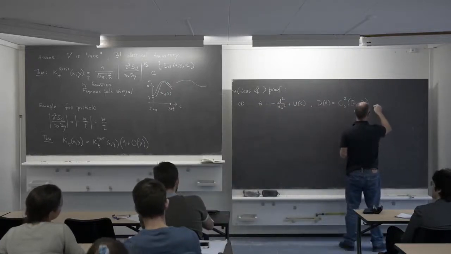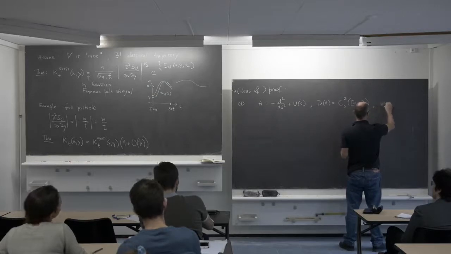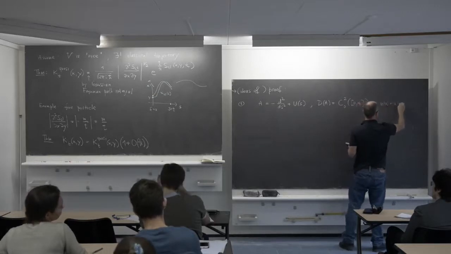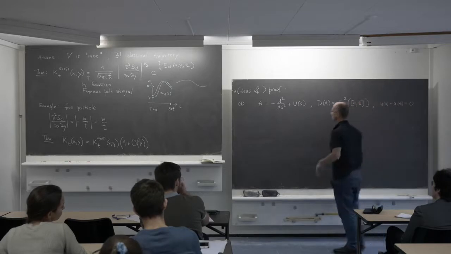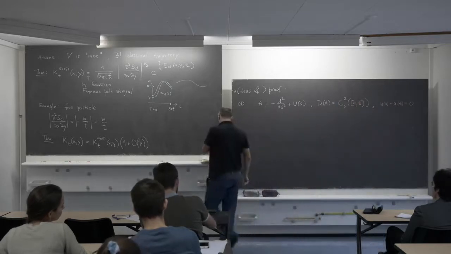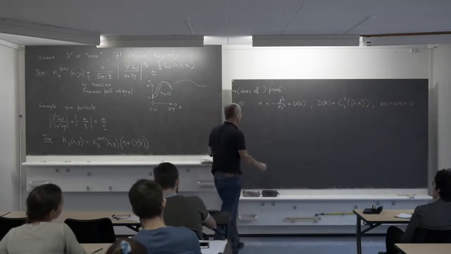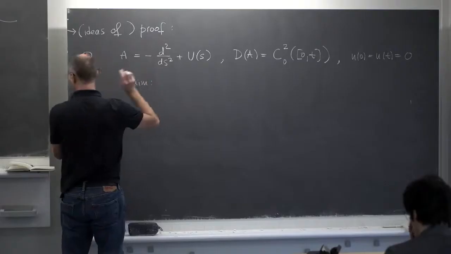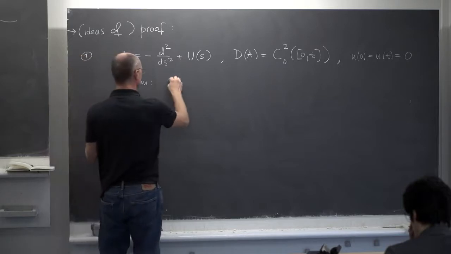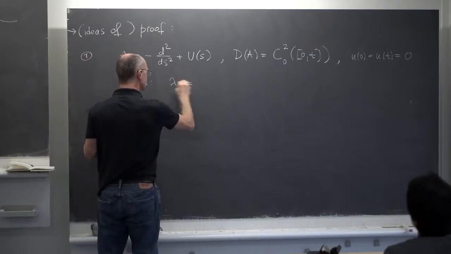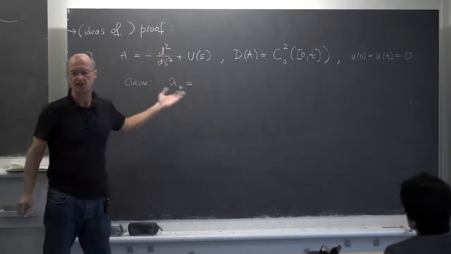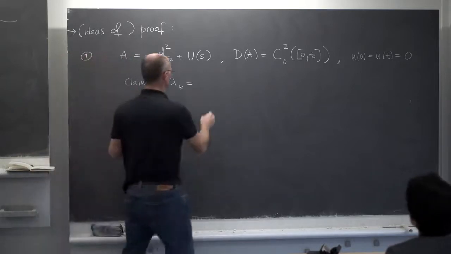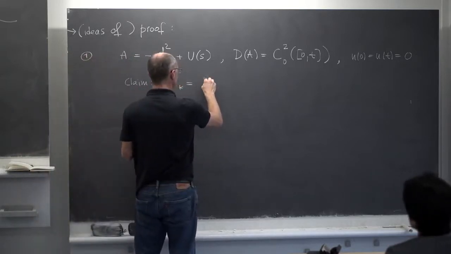So let me denote by u the function. This operator is essentially self-adjoint. And the claim, which is not part of what you're going to prove, is that it has again a Hilbert basis of eigenvectors, and the eigenvalues will be like this.